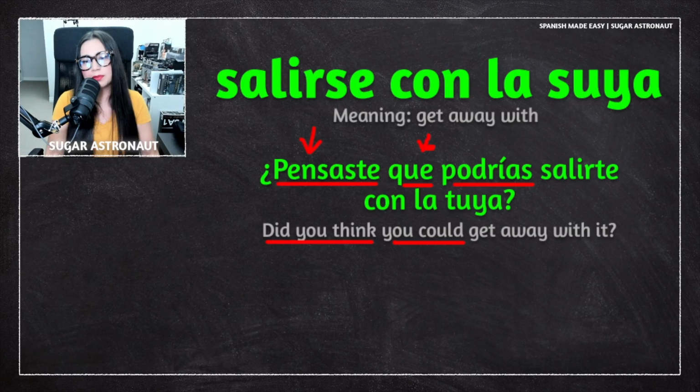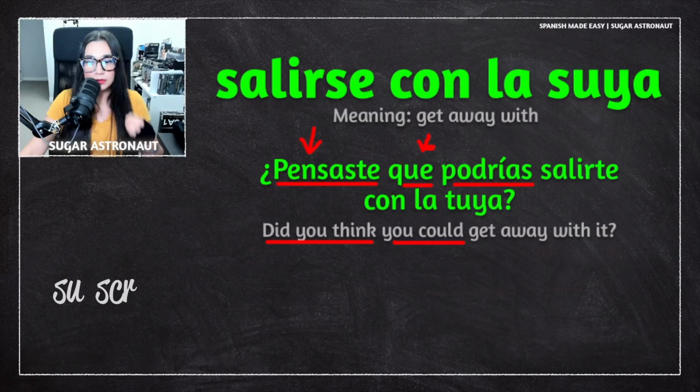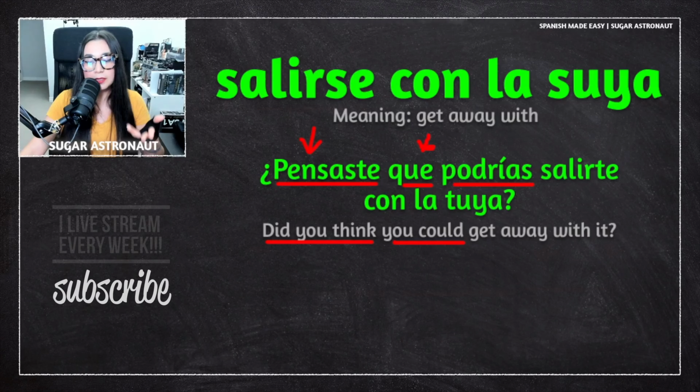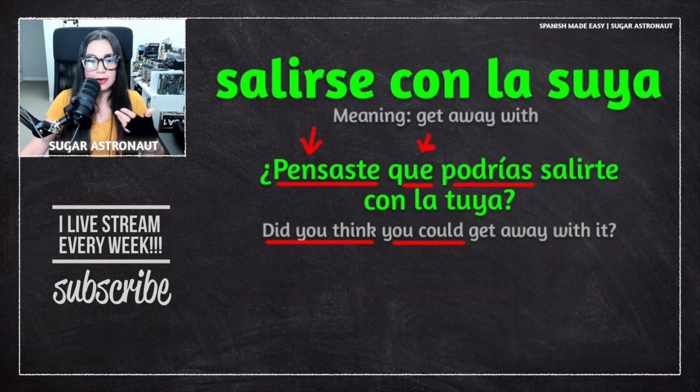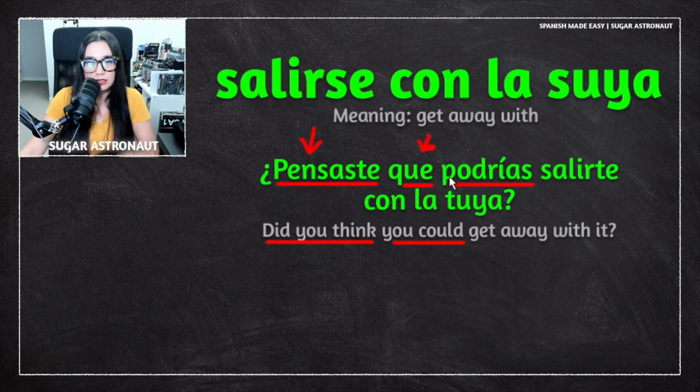It comes from the verb poder, which means can, to be able to, and in some situations is similar to saying could. Pensaste que podrías means did you think you could. That sounds great in Spanish, and it's really easy to remember.